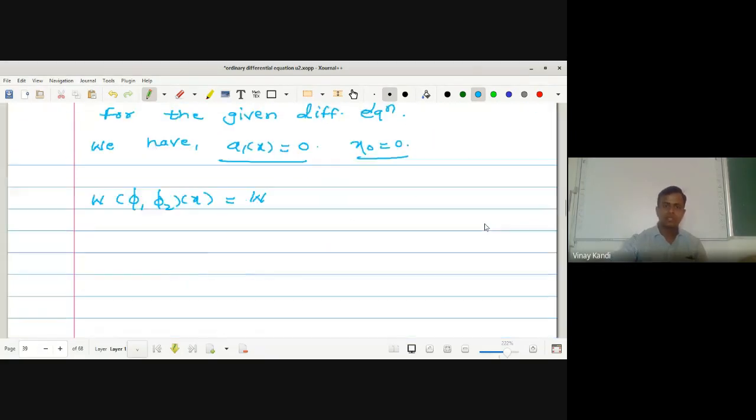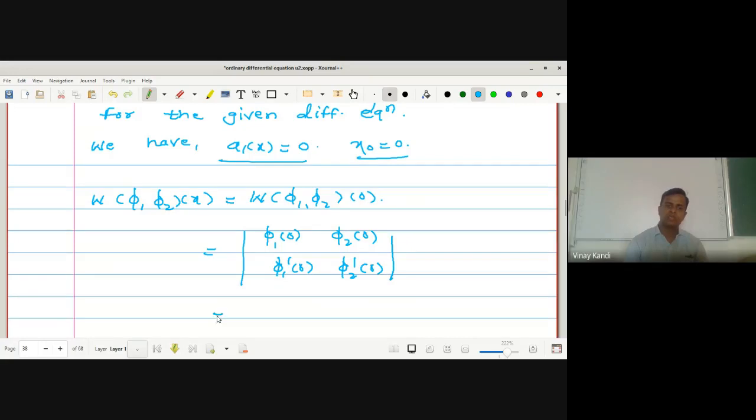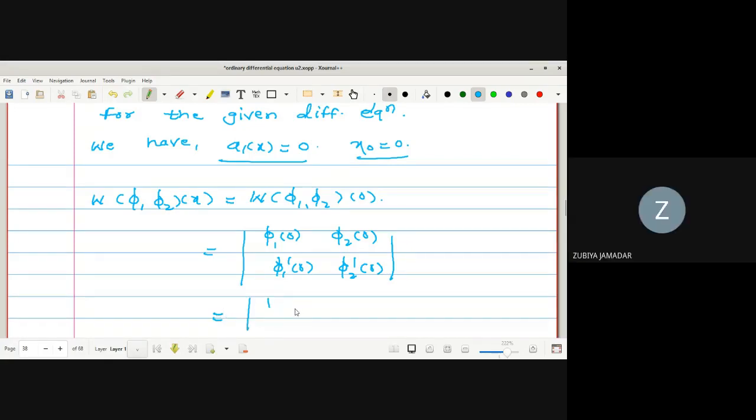So here we get the Wronskian of phi 1, phi 2 at point 0, which is equal to the determinant of phi 1 of 0, phi 2 of 0, phi 1 dash of 0, phi 2 dash of 0. What is phi 1 of 0? 1. Phi 2 of 0 is 0.